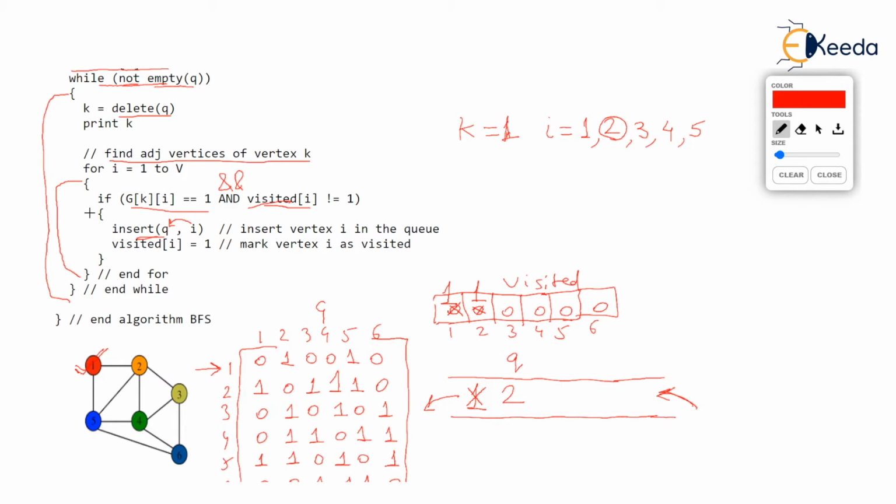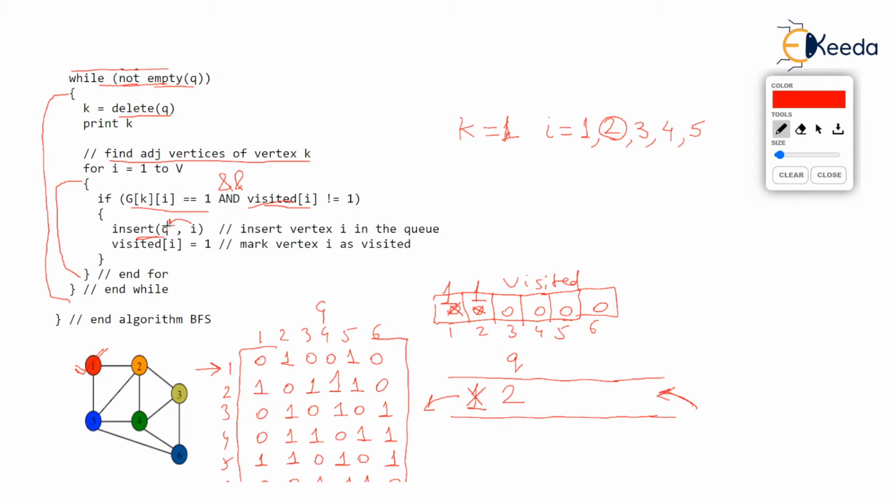And you see 1 comma 5, first row and fifth column, kth row and ith column, is storing 1. And also you see visited of 5, the fifth element of visited, is not 1. So we see that 1 is adjacent to 5 and 5 is not visited. As both these conditions in the if are true, we will insert the ith vertex.